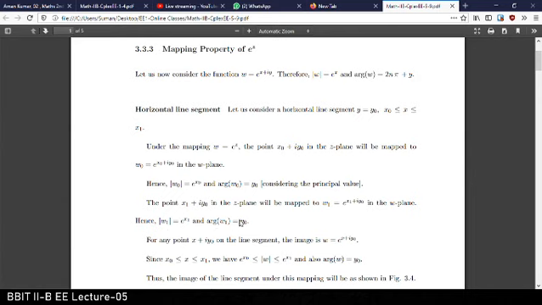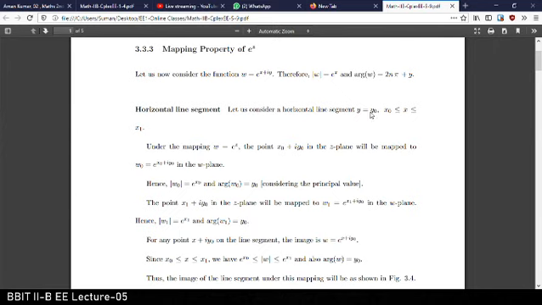Assuming it is the principal argument and it is within the range minus π to π, y0 is within that range, then the principal argument is y0.